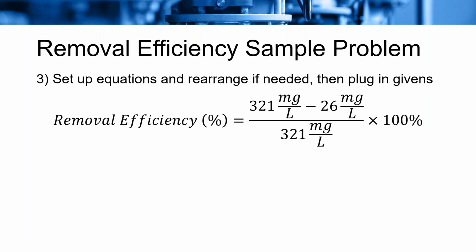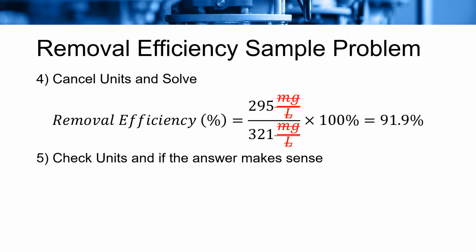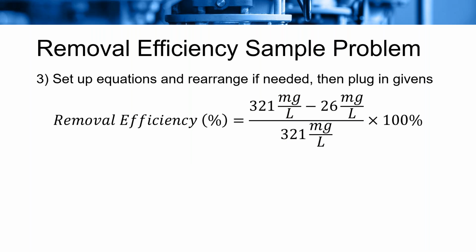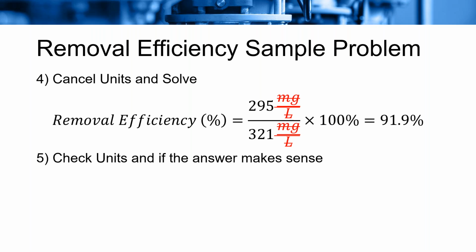So then we're going to set it up and plug in our givens. We have 321 milligrams per liter minus 26 milligrams per liter over 321 milligrams per liter, and then we multiply this by 100%. Then we cancel our units, milligrams per liter, so that becomes unitless. 321 minus 26 is equal to 295.